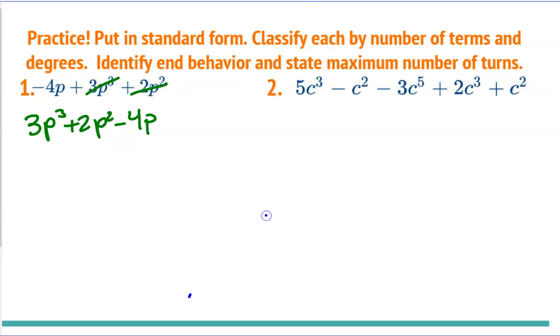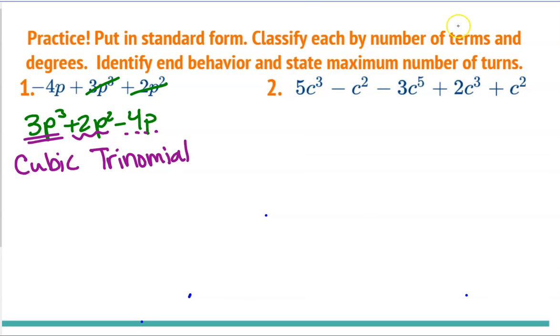All right, from here, I see that my leading term has an exponent of 3, so that means it is a cubic. I see it has 3 different pieces, so that means it is a trinomial. It is a cubic trinomial. All right, so I classified it. My end behavior, okay, so my degree was 3. I know it's going to be opposite.